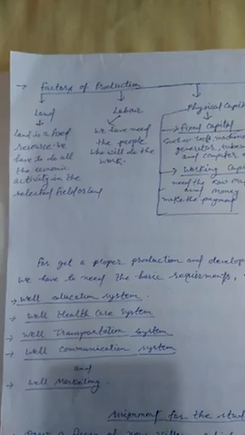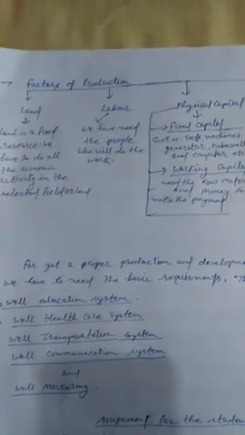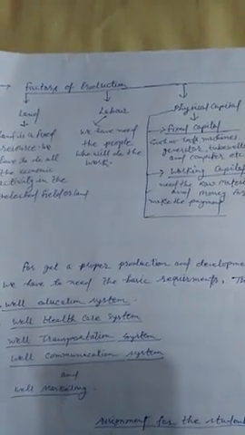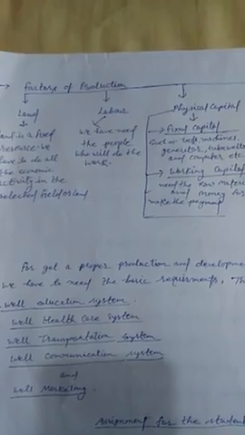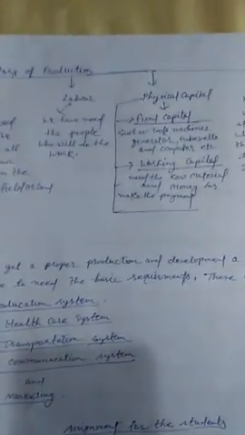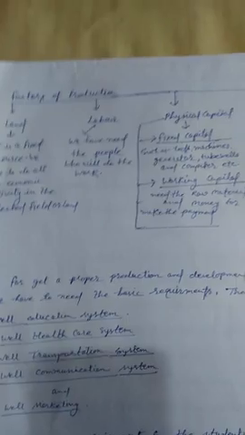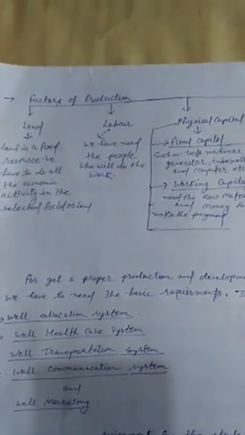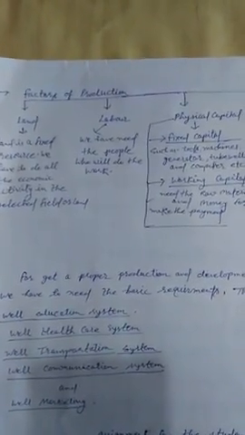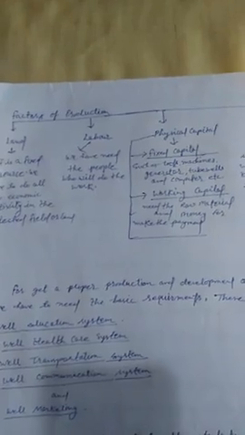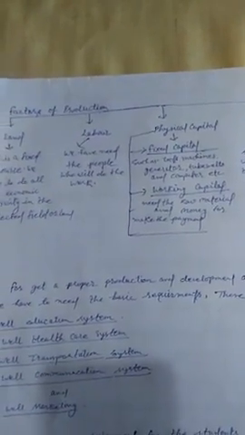The next factor is labor. We need the people who will do the work. I already told you that without human effort, we can't do anything. Human effort is the most important part for any project and for any production.